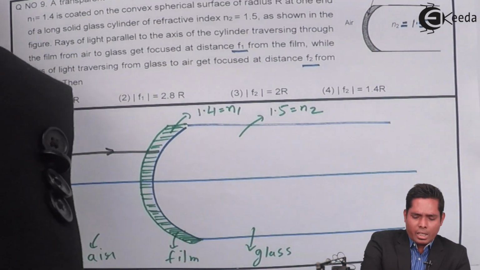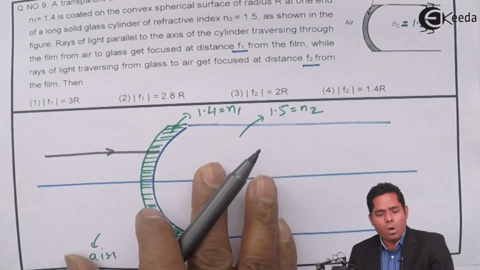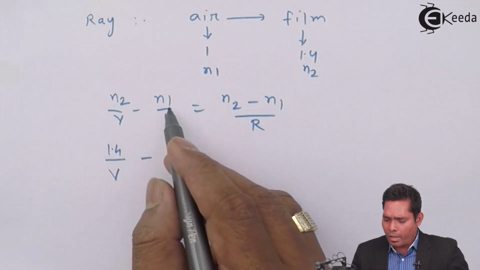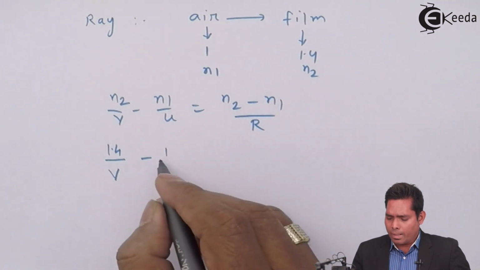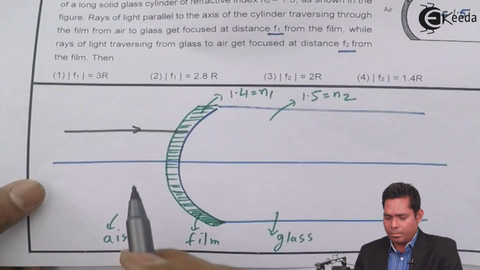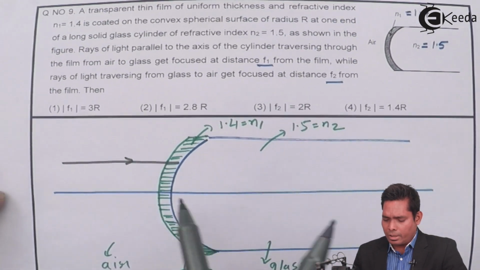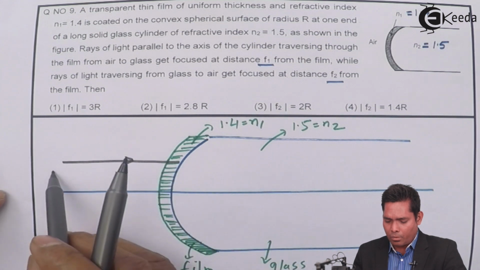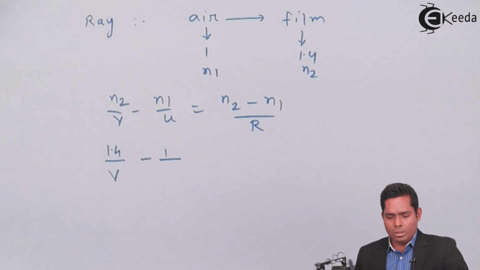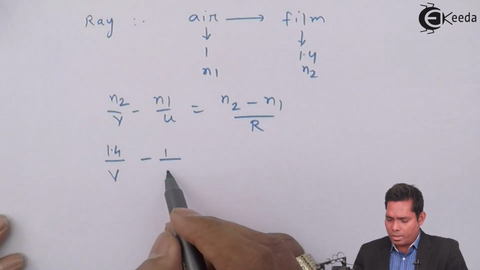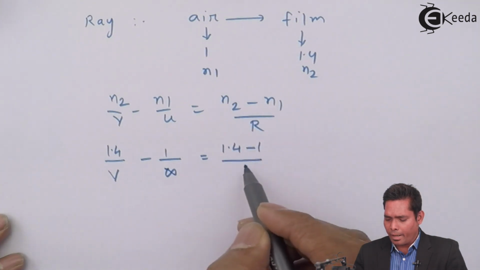After finding the value I can just draw the diagram, but it is not required right now. So minus n1, which is 1 because the refractive index of air is 1, divided by u. Because the rays are coming parallel to the axis of this cylinder, they must be coming from infinity, so u must be infinity. Then n2 minus n1 is 1.4 minus 1, divided by r.